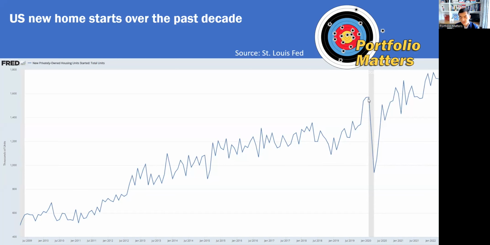And you'll see that during the pandemic, they dropped sharply, but then recovered very quickly. Now, if we believe that the housing cycle is the business cycle, that should mean that the economy would recover very quickly once the rest of the economy was allowed to.